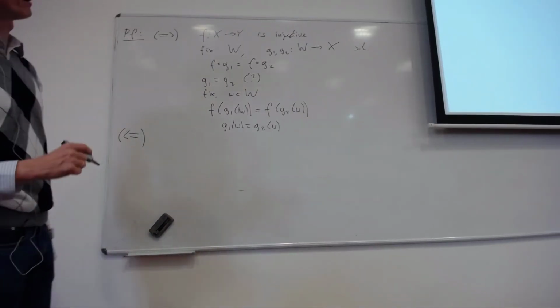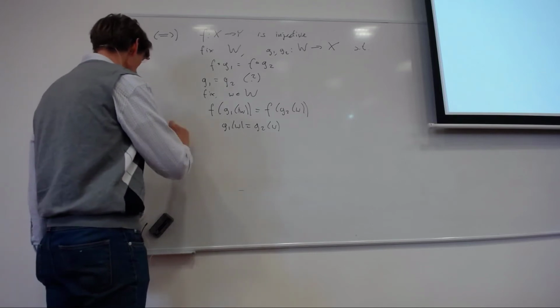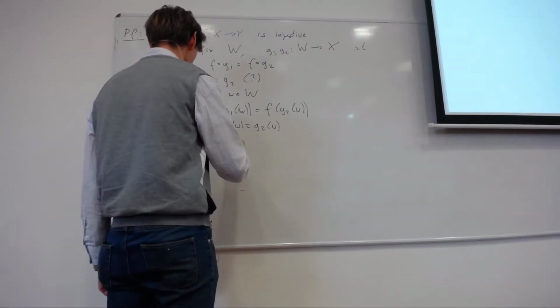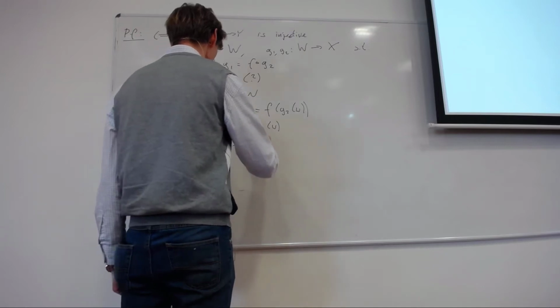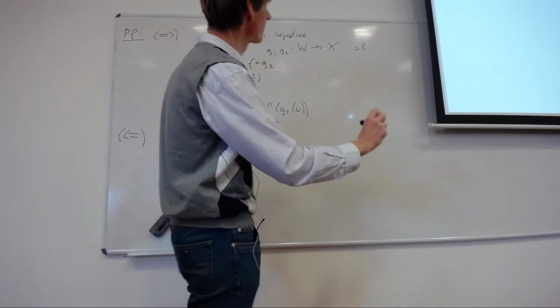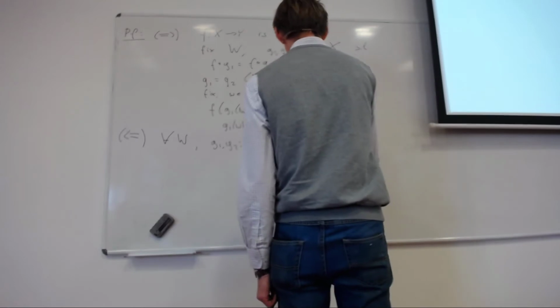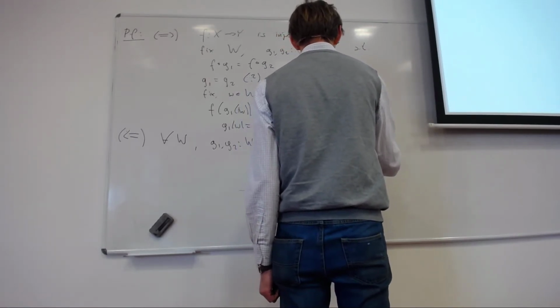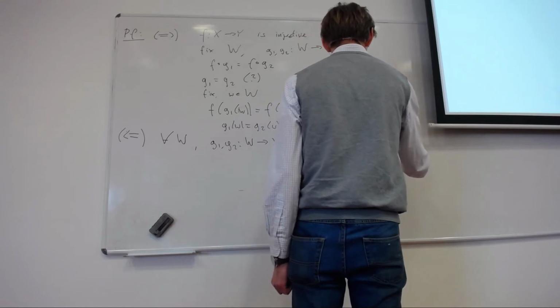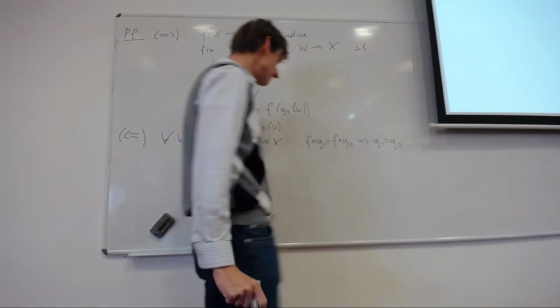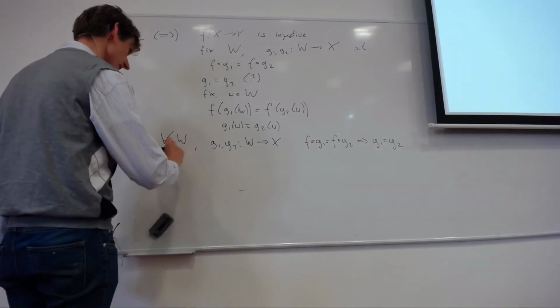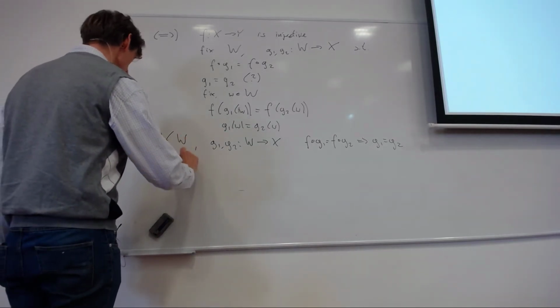Okay, well, so suppose that for all sets W and for all functions g1, g2 that go from W to X, if f composed with g1 is the same thing as f composed with g2, then necessarily g1 is equal to g2. And well, the question is, is it true that f is injective?